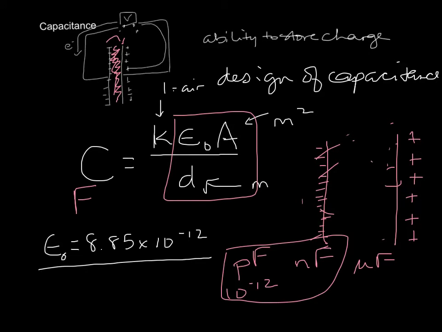So nano, 10 to the minus 9 farads. Again, we're going to have to standardize our units, but that's basically how we're going to find the capacitance. So this is the capacitance. It is not the charge. We're going to show next how the capacitance is related to how much charge can be stored.